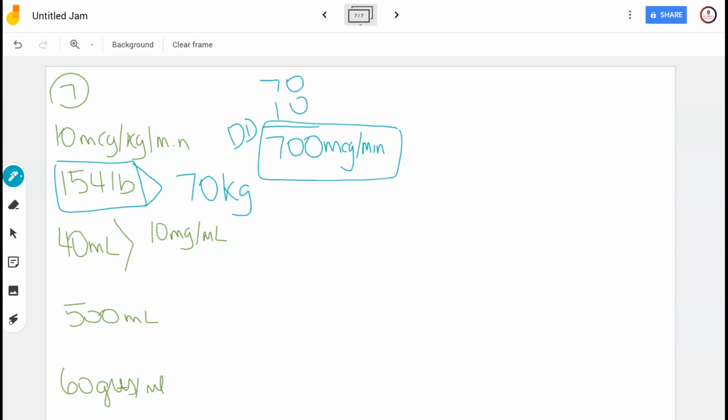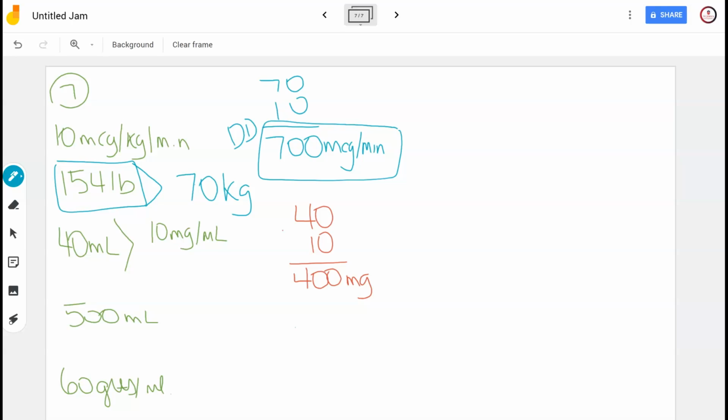Then you're going to figure out how much medication you've actually put in. So if every ml contains 10 milligrams, you'll multiply the 40. So 40 times 10 is 400 milligrams that you've put into a 500 milliliter bag.